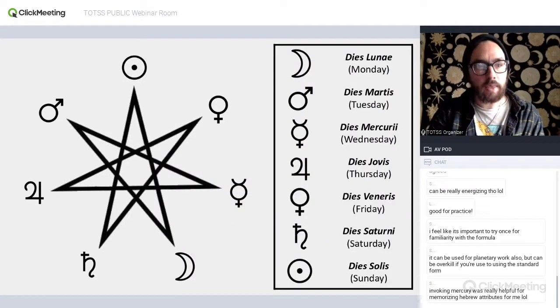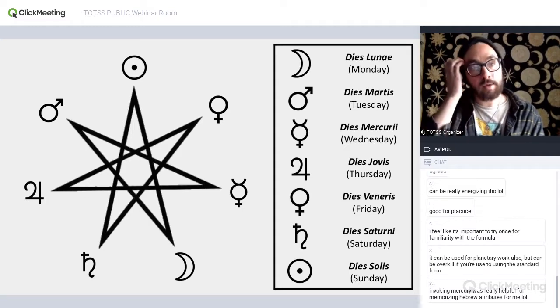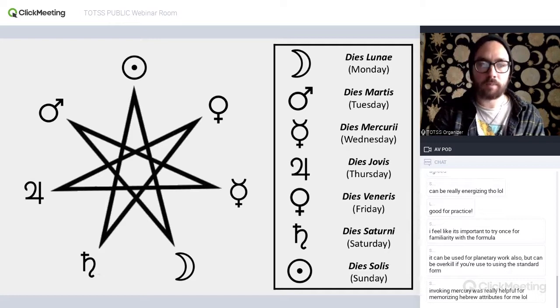All right, and then now we can see, if we put the planets in Chaldean order around the heptagram, there's two different versions of the heptagram, right? So we have Saturn, Jupiter, Mars, Sun, Venus, Mercury, Moon. That's the planets in Chaldean order. But then if we trace around the heptagram, we get the order of days. So Saturn, Saturday, Sunday, Monday.